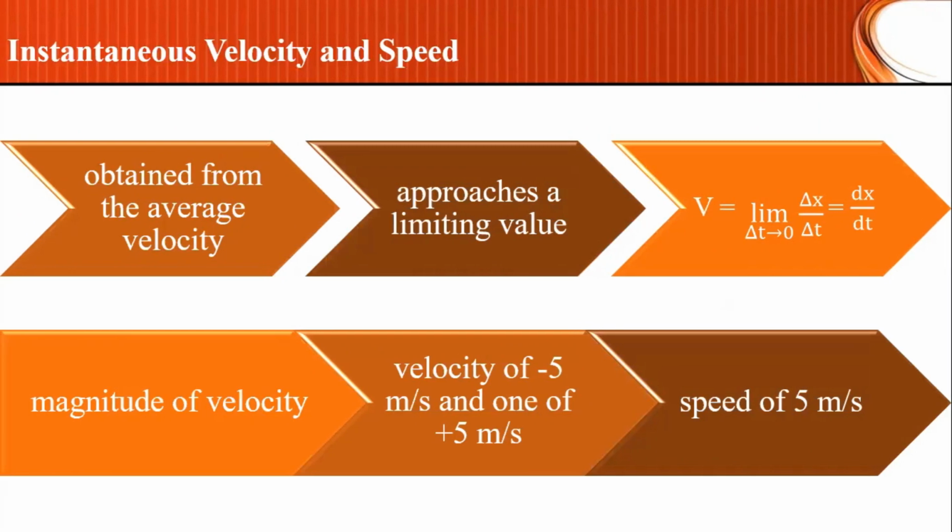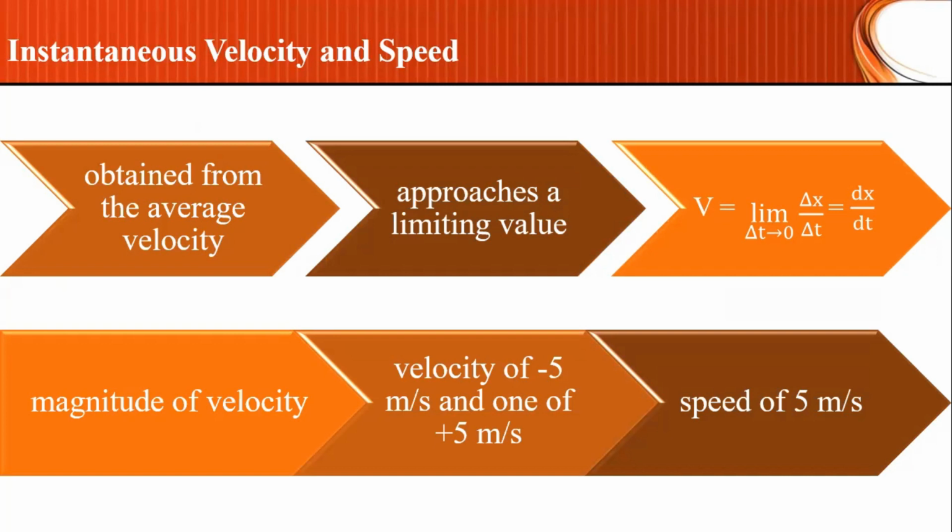Instantaneous velocity and speed. The velocity at any instant is obtained from the average velocity by shrinking the time interval Δt closer and closer to zero.